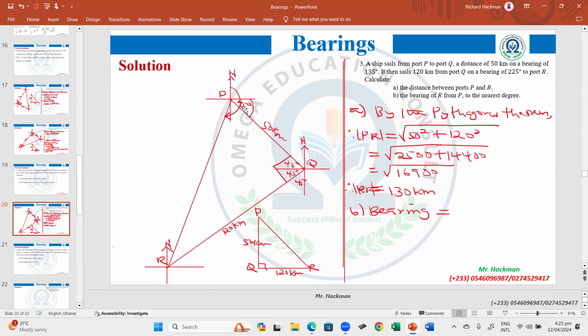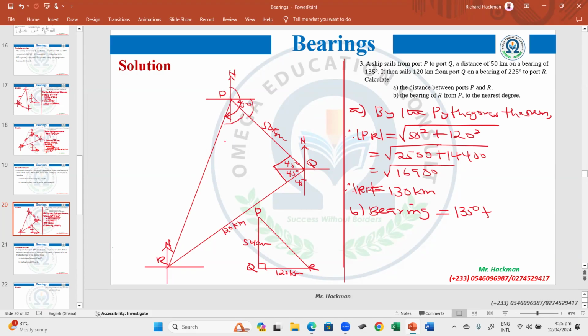Remember, that's the 135 angle. So I'm going to get my bearing to be 135 degrees, plus this angle here. But you can see that this angle happens to be one of the interior angles of your triangle PQR. Can you see that? The entire angle here.